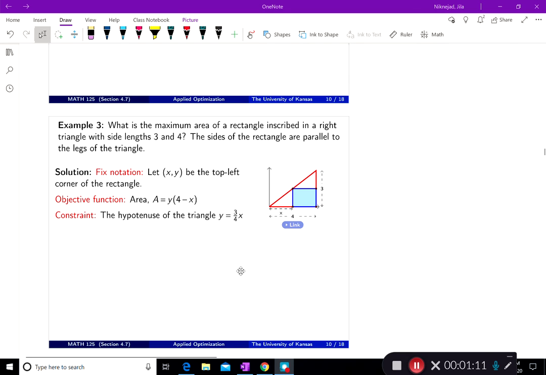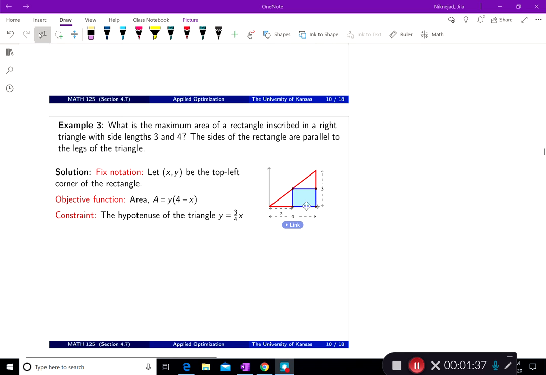So let's fix the notation. Let x be the length from this corner of the triangle to this corner of the rectangle, and y be the other side of the rectangle.